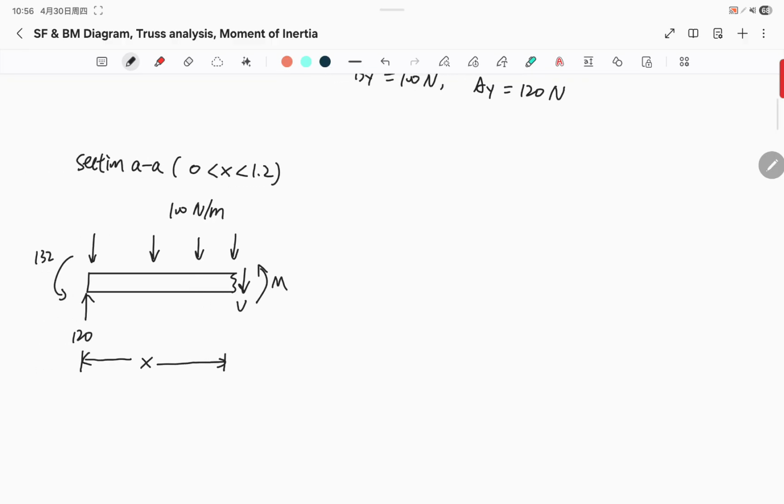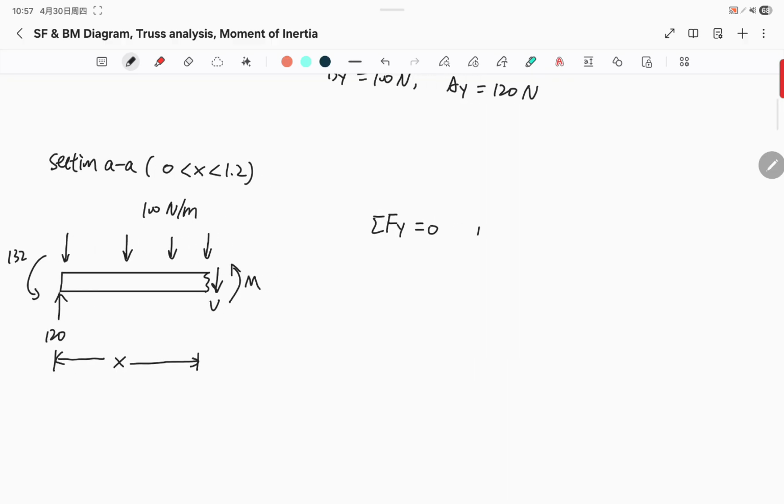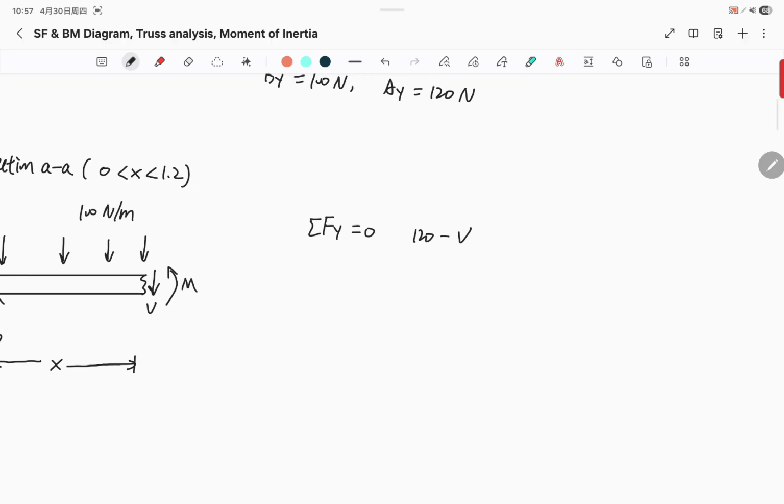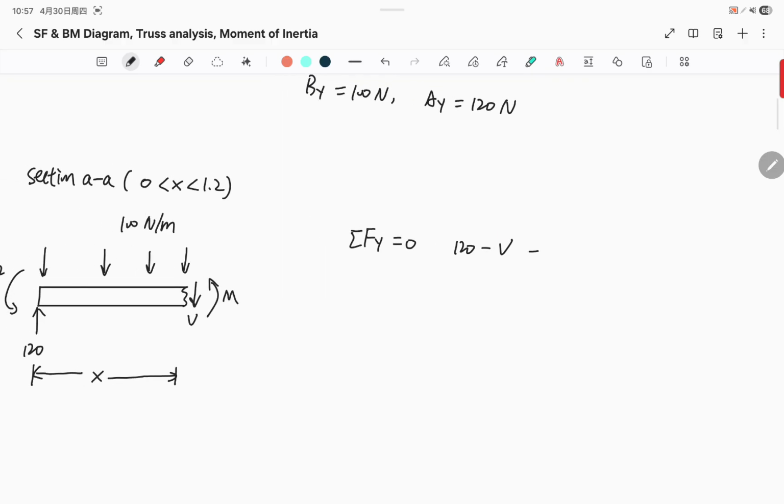Now we can write sum of force in Y to be 0. We have 120 going up minus our shear force V minus the distributed load.